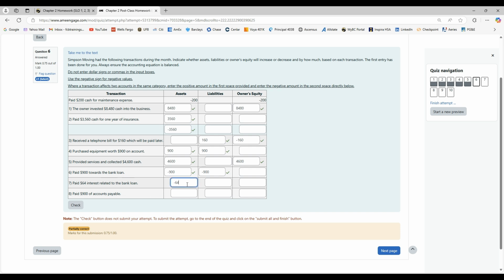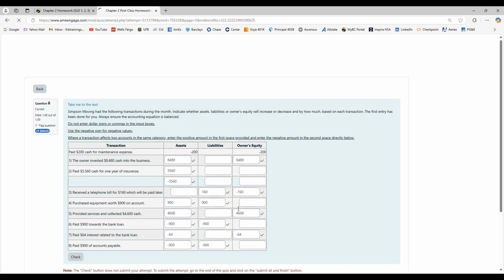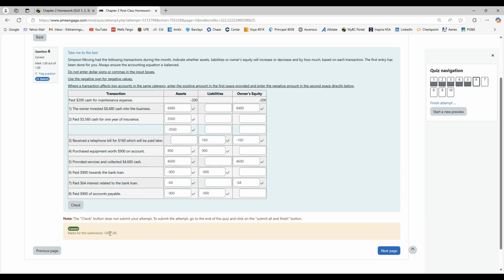Paid $64 of interest on the bank loan. And so this is going to be an expense as opposed to the payment of principal. So that will reduce owner's equity instead of liabilities like the example before. Paid $900 of accounts payable. We're going to have cash decrease and the liability of accounts payable decrease as well. Okay, and that gets us 100% on that problem. So we didn't have to put zeros.